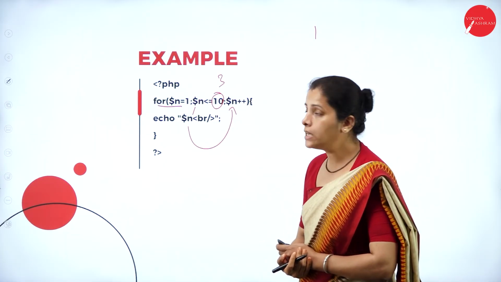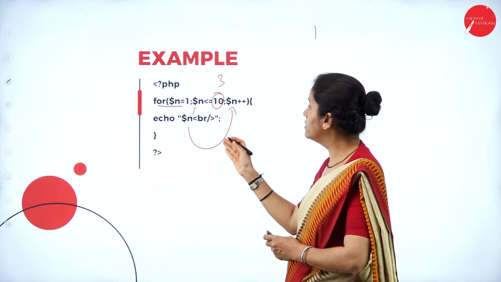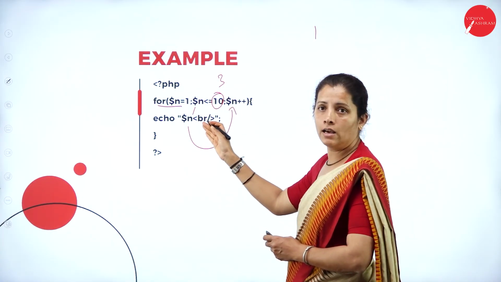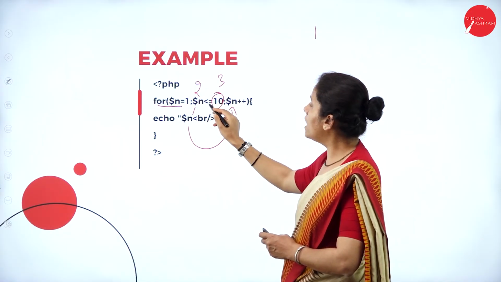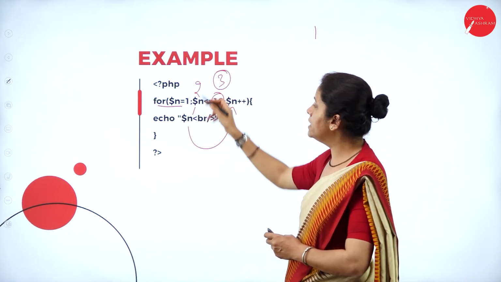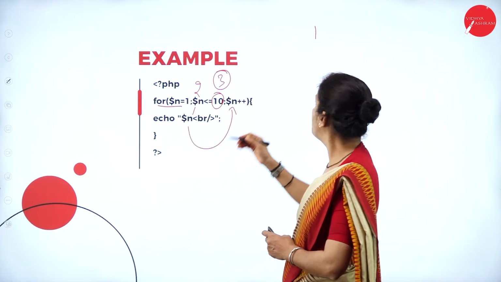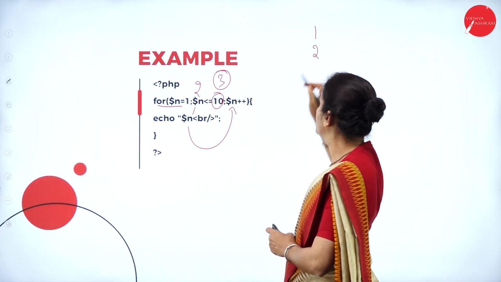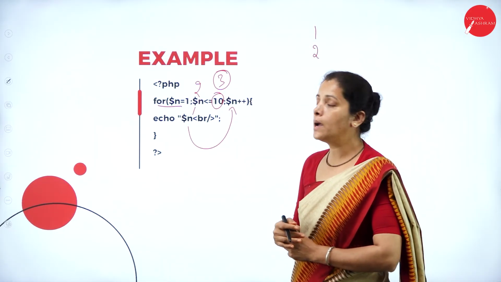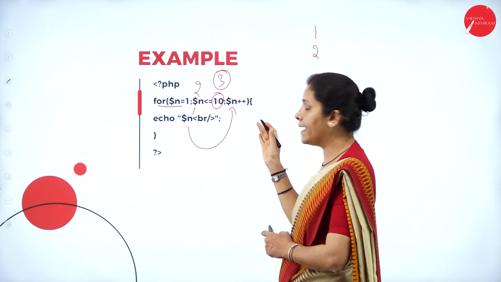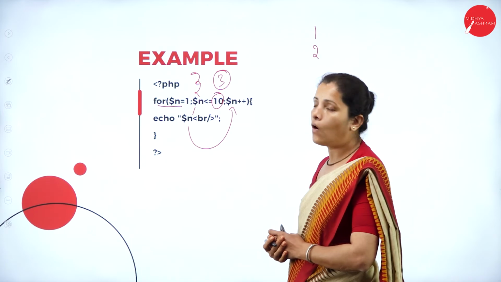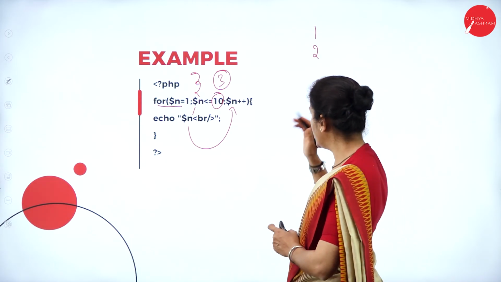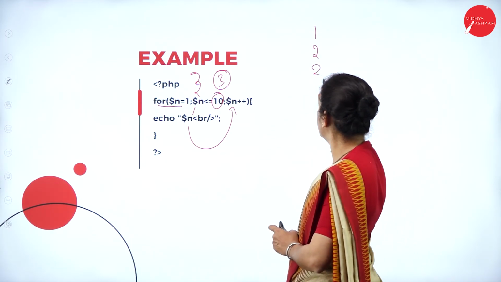Now I'm going to increment n by 1. n is 1 plus 1, it is 2. 2 less than or equal to 3, it is true. So I'm printing 2. Now I'm going to increment n by 1, n is 3. 3 less than or equal to 3, the condition is true, and I'm printing 3.